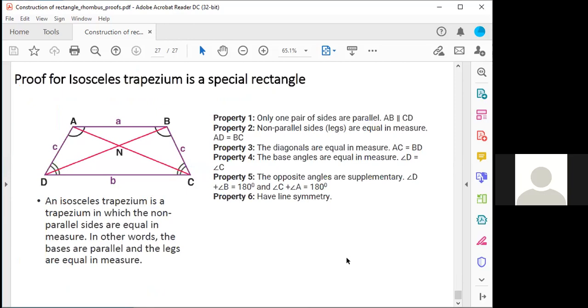This is an isosceles trapezium. Does this look like a rectangle to you? No, it's the other way. So fix it, and then this is something we are going to discuss next time.